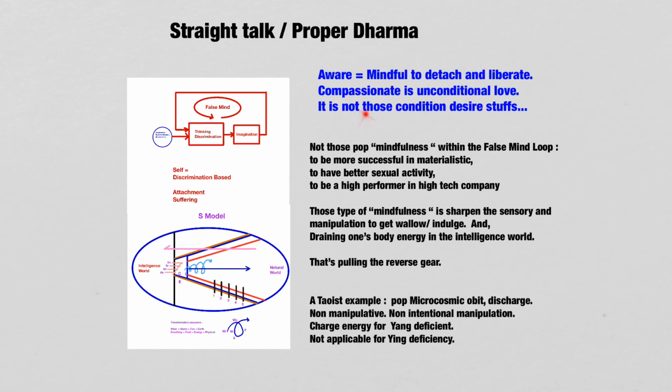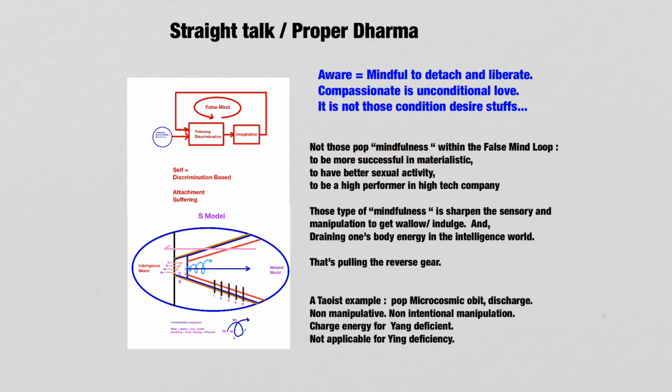And this is not the popular mindfulness, which is within the false mind loop. Like people say, well, I want to practice mindfulness to be more successful materialistically. I want to be rich, more successful, or get higher positions, so I practice mindfulness meditation.